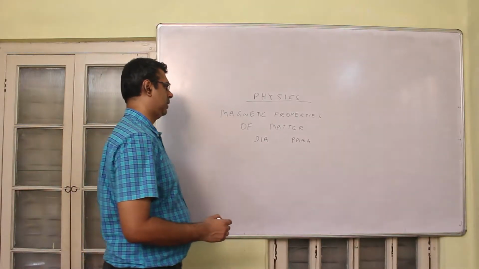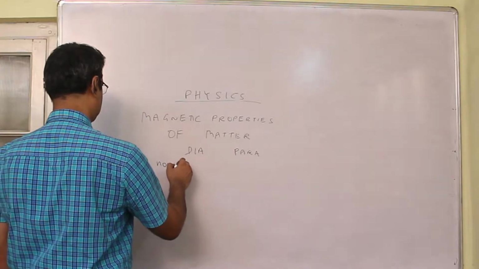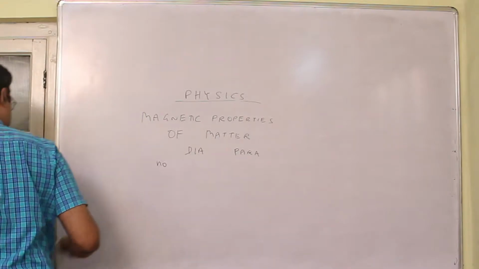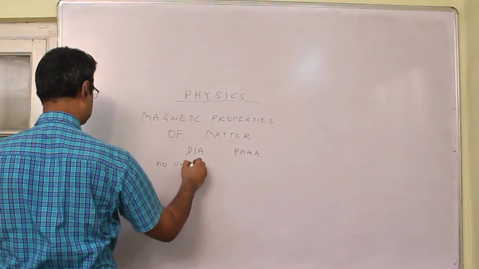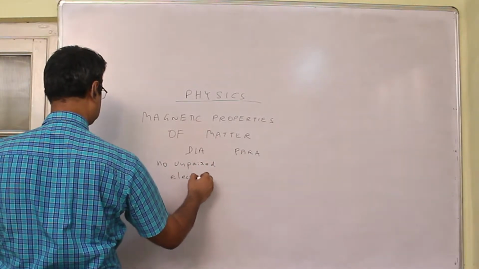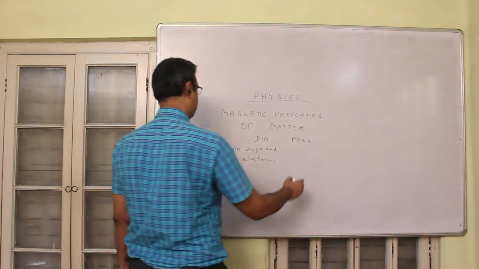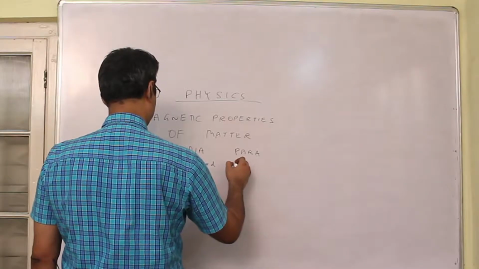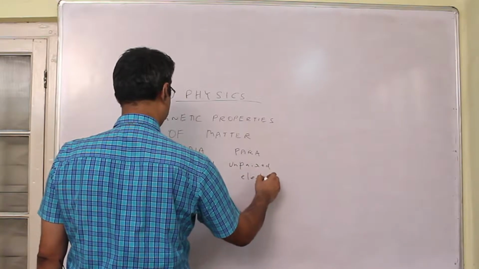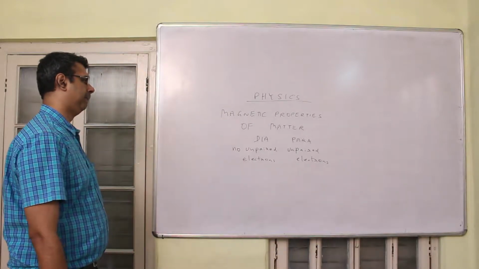You know that all substances with no unpaired electrons are diamagnetic, and substances which have unpaired electrons are paramagnetic. So this is something which you know thanks to chemistry.